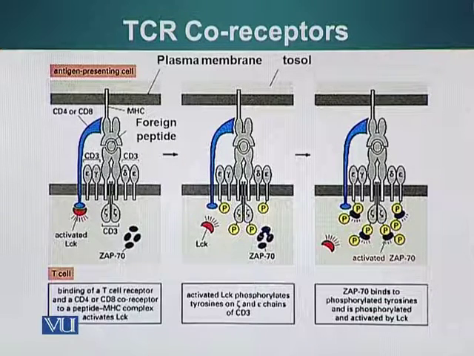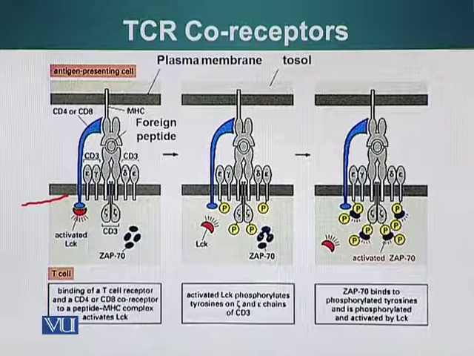The cytoplasmic domain of these co-receptors is associated with other proteins. Once the interaction of TCR and MHC molecule is confirmed, because our MHC molecule was carrying a foreign antigen, there is a conformational change which is read by a protein in the cytoplasm, LCK protein. It binds the cytoplasmic domain of the co-receptor, whether it is CD4 or CD8.